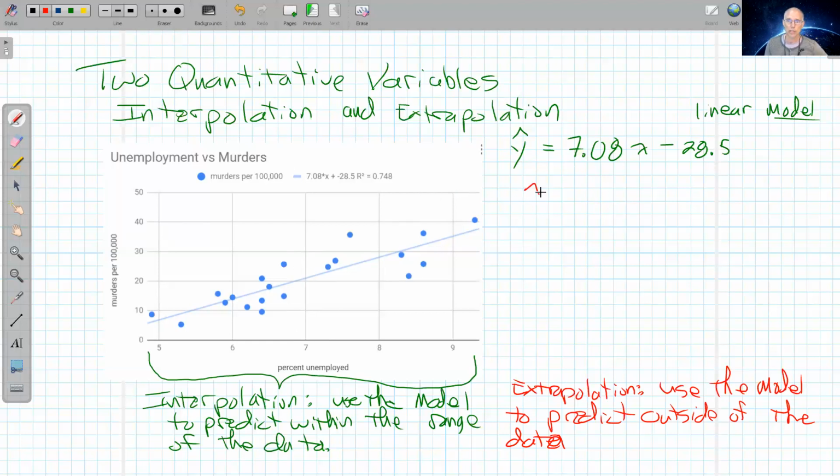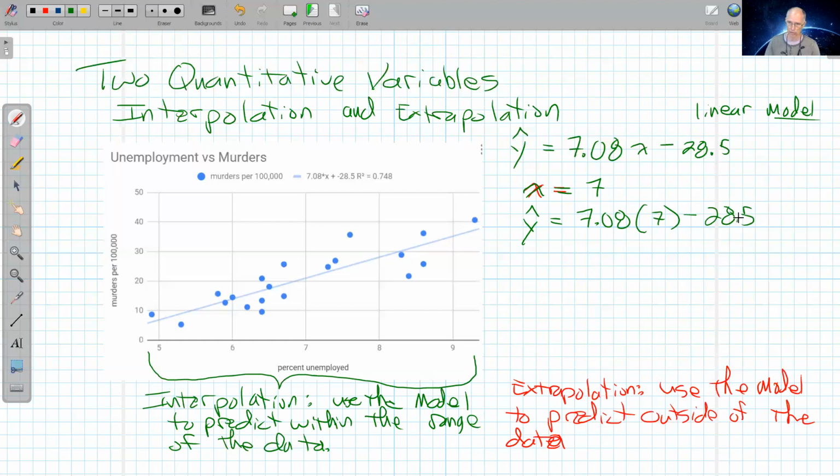If I let x equal 7%, which in this case I would just write as 7, then I can make a prediction y hat by plugging in 7.08 times 7 minus 28.5.